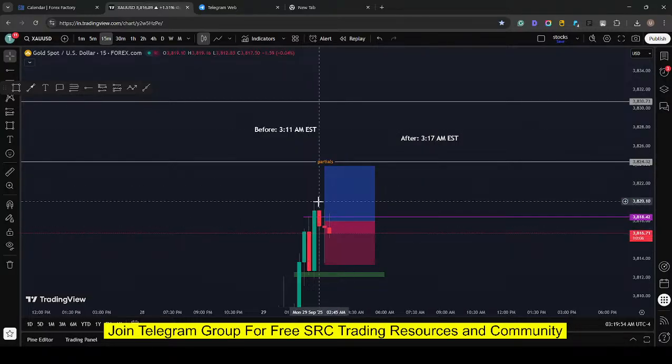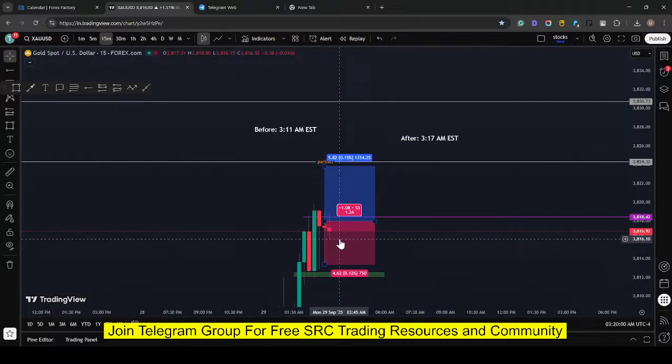And if this candle starts breaking its high, then I will take entry over there and put my SL below this because there is nothing up.